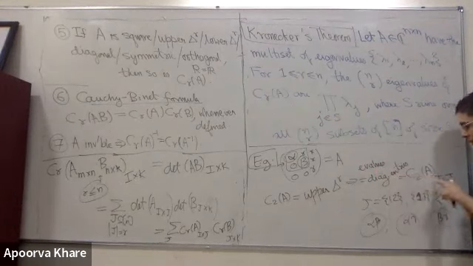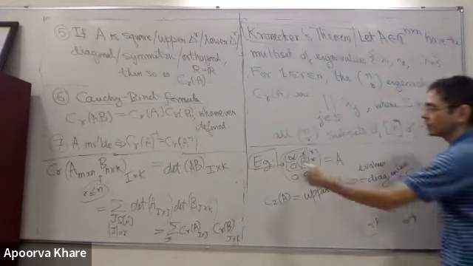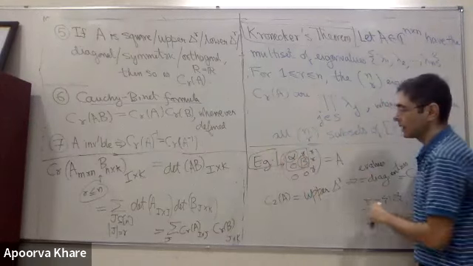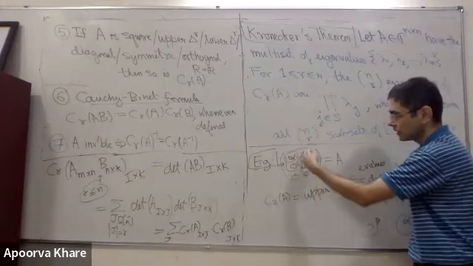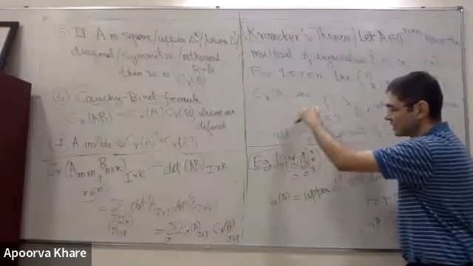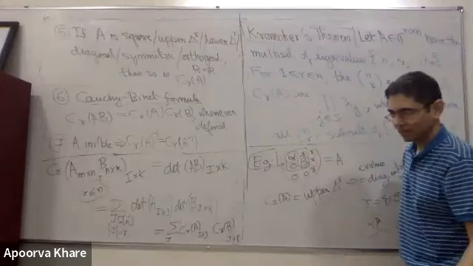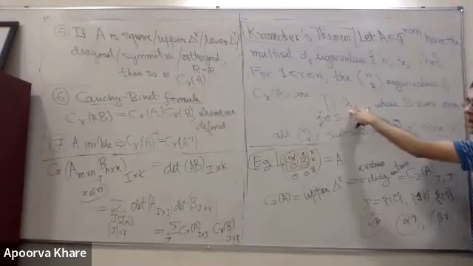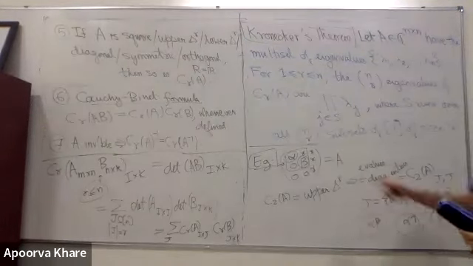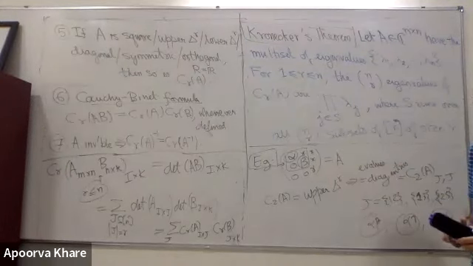But the diagonal entries are principal minors of some R many rows and the same R many columns, and that principal submatrix is itself upper triangular. So the determinant is the product of the diagonal entries, and those diagonal entries are simply eigenvalues. So this theorem is obvious if the matrix is upper triangular.